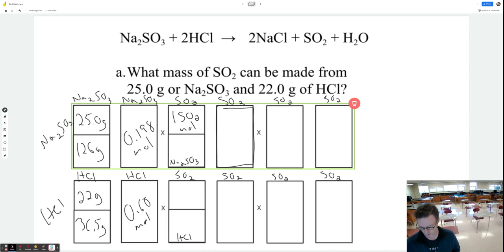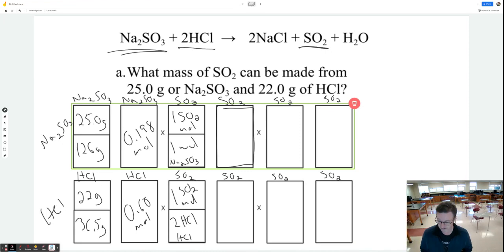So 1 mole, that's the coefficient in the equation for SO2. On the top row, we're looking at Na2SO3. That is also a 1. For the HCl, it's a 2, 2HCl. Okay, so the mole ratios are different, which can affect which one ends up being the limiting reactant.